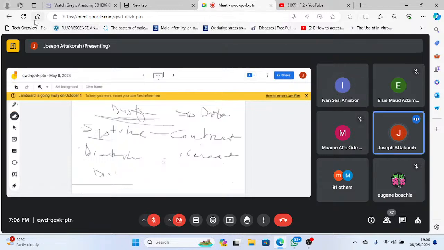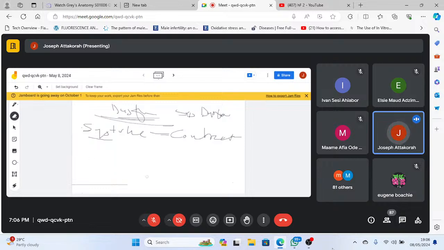Yes, please. And therefore, listen, at the ward, a doctor will not be telling you that this heart failure is as a result of systolic dysfunction or diastolic dysfunction.